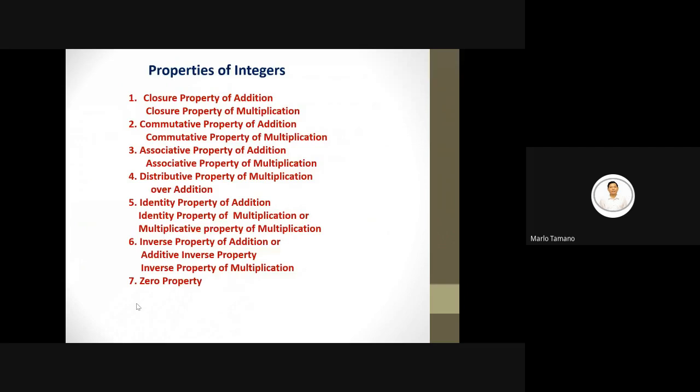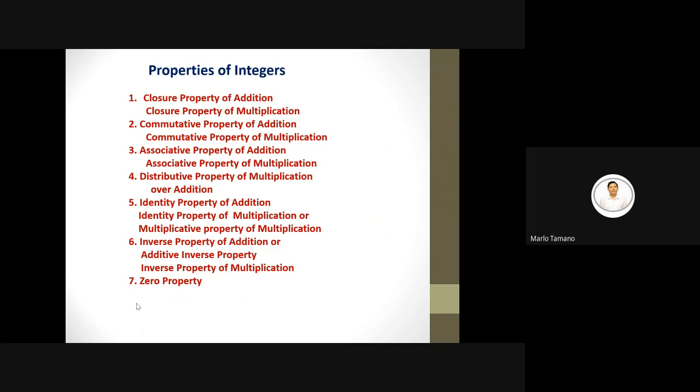Right, so again, we have here the properties of integers, closure property of addition, closure property of multiplication. Number 2, commutative property of addition, commutative property of multiplication. Number 3, associative property of addition, associative property of multiplication.